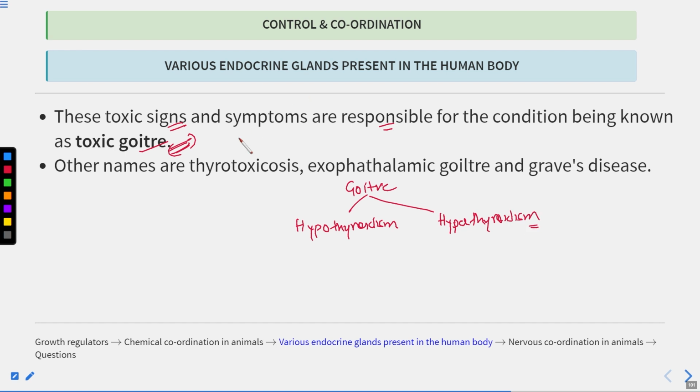All right. Now the other names of this toxic goiter are thyrotoxicosis, exophthalmic goiter, as well as Graves' disease. So you should remember all these terms.